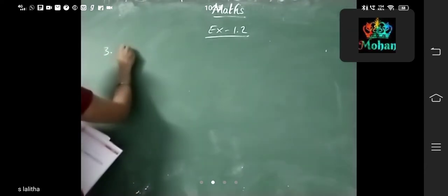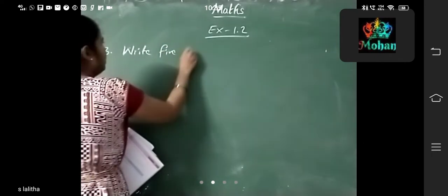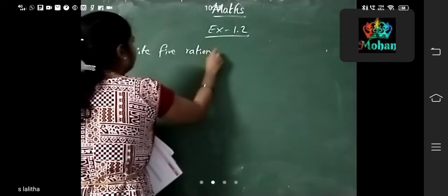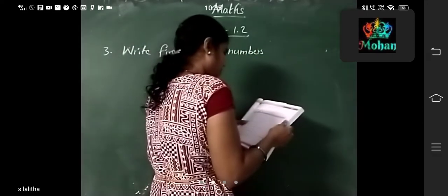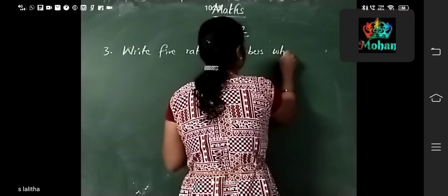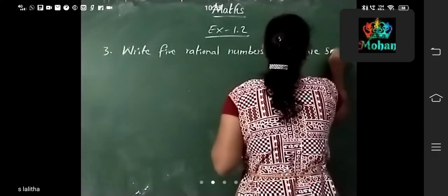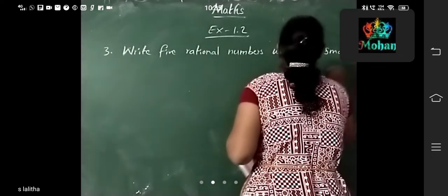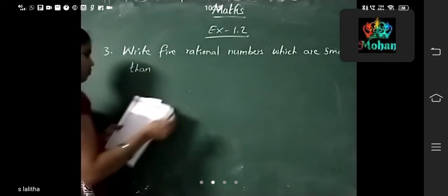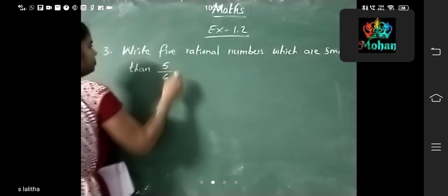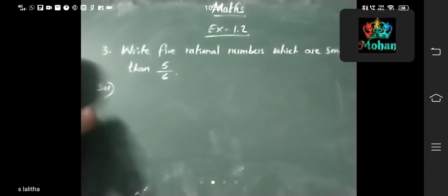Next, the third question. Write 5 rational numbers which are smaller than 5 by 6.